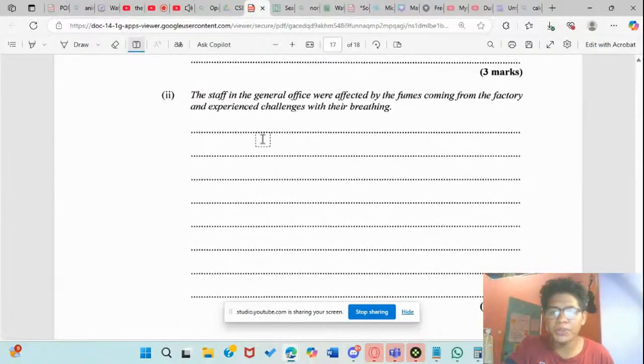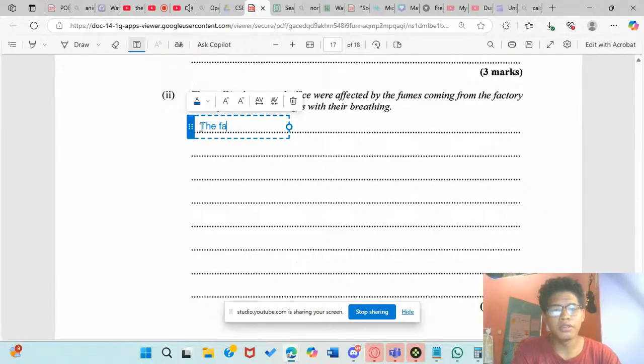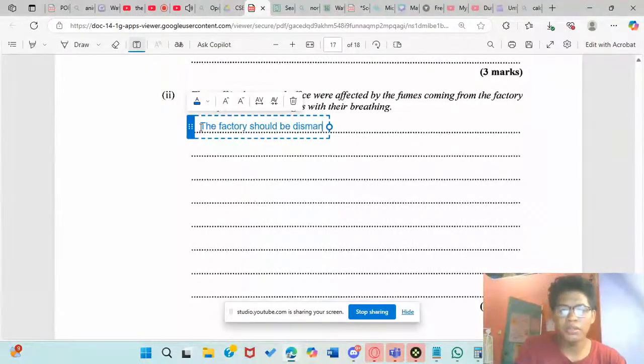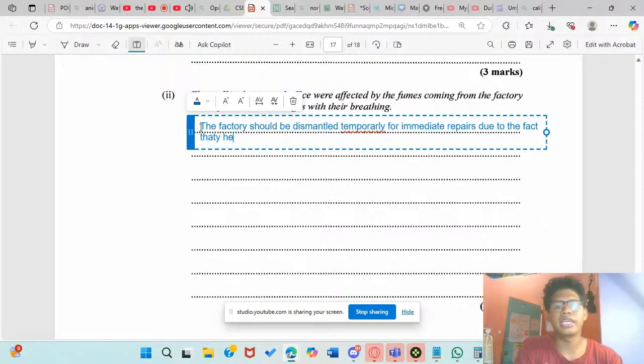Staff in the general office were affected by fumes and experienced challenges with their property.